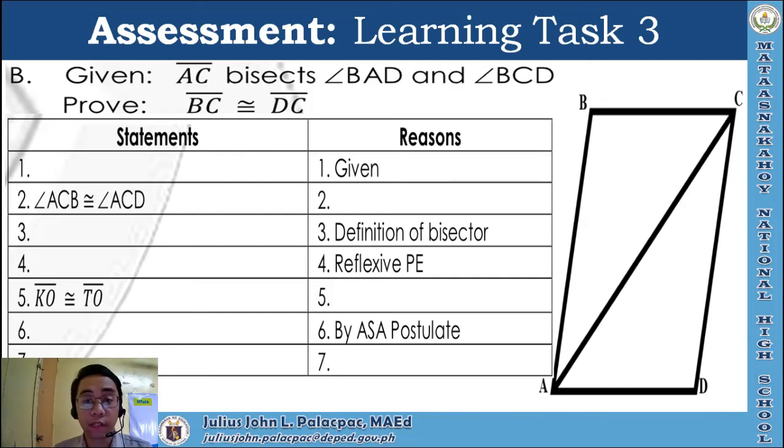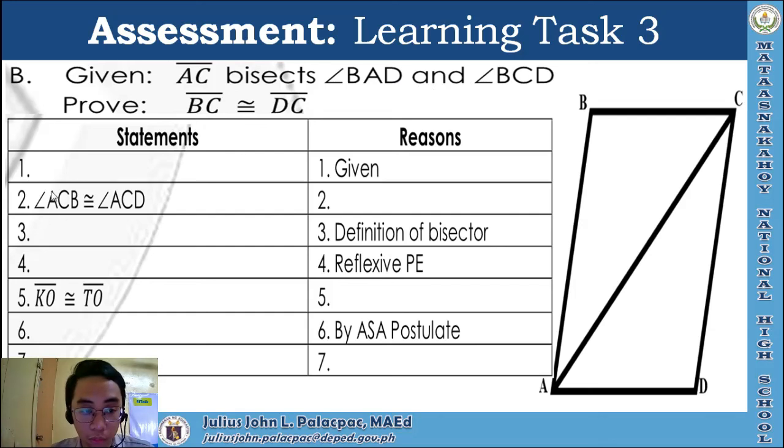Assessment 3, Learning Task 3. Given AC bisects angle BAD and angle BCD. So AC bisects BAD and BCD. So given, lalagay natin yung line segment AC bisects angle BAD and angle BCD.